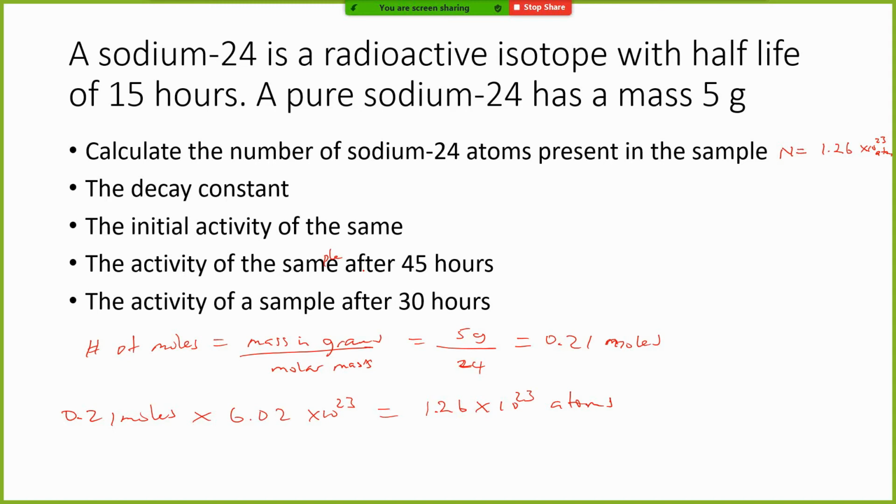Come on, guys. What information do I have that can give me the value of the decay constant?